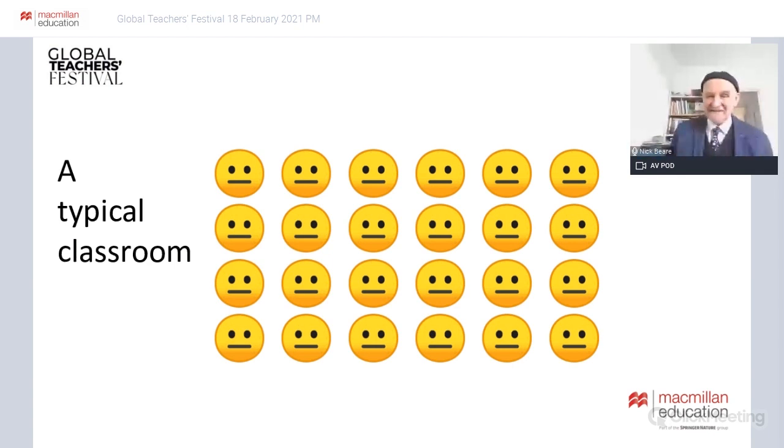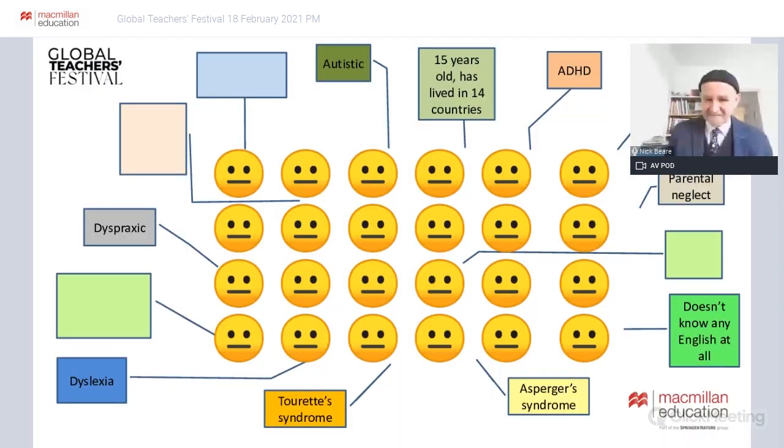So everything had to be in English. Of course, some of them had never even spoken English either. So we ended up with a really quite tricky situation, as often happens in that kind of school, where there are so many different things.